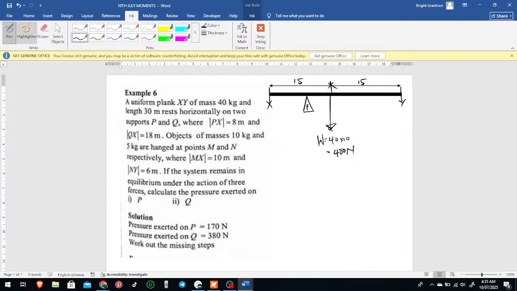So let me move this one a little. Let me put the 8 meters around here. So here will be the Q, and the P will be around somewhere here.